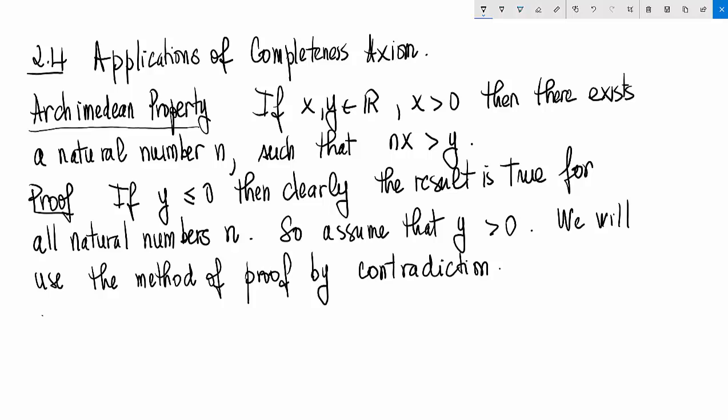Today let me introduce an auxiliary set. Let A be the collection of all numbers of the type nx, such that n is some natural number. Remember, x is fixed, and I multiply x by all of the natural numbers, and I get a bunch of numbers, and I put them in this set A.